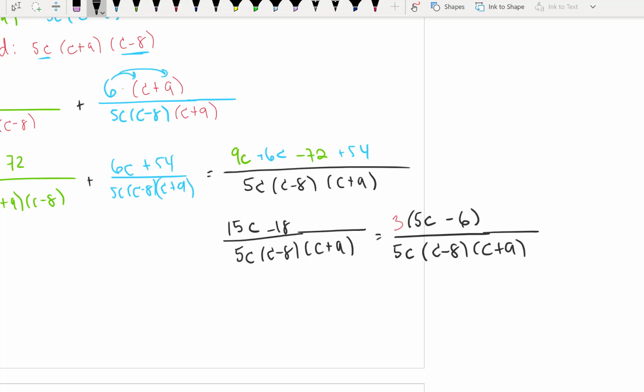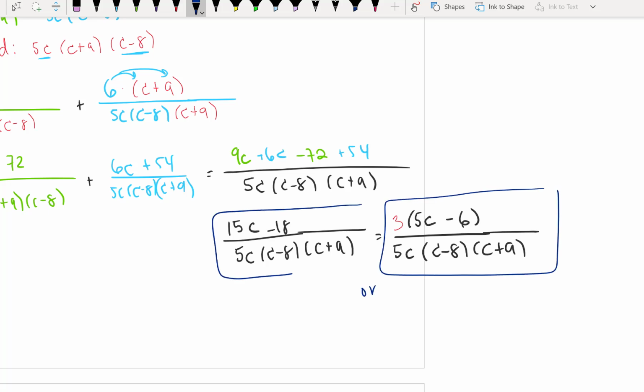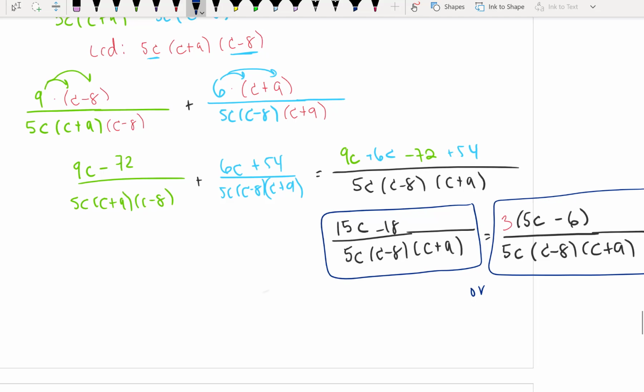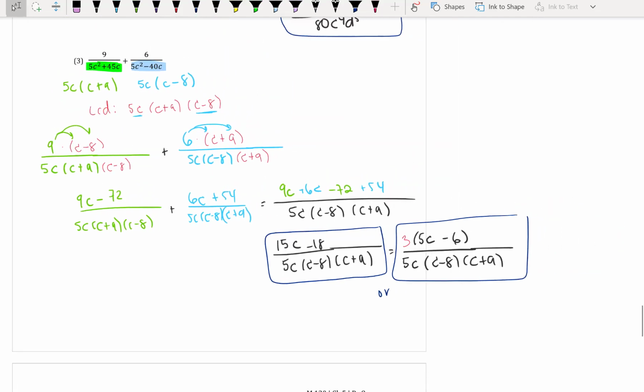Here I thought that something was going to factor and cancel, but it didn't. So this can be your answer, or this would also be your answer. Either one is fine. I just thought maybe since I pulled that 3 out, something would cancel. It's always better to try than not to, but it didn't cancel out. But at least I know for a fact that it can't.